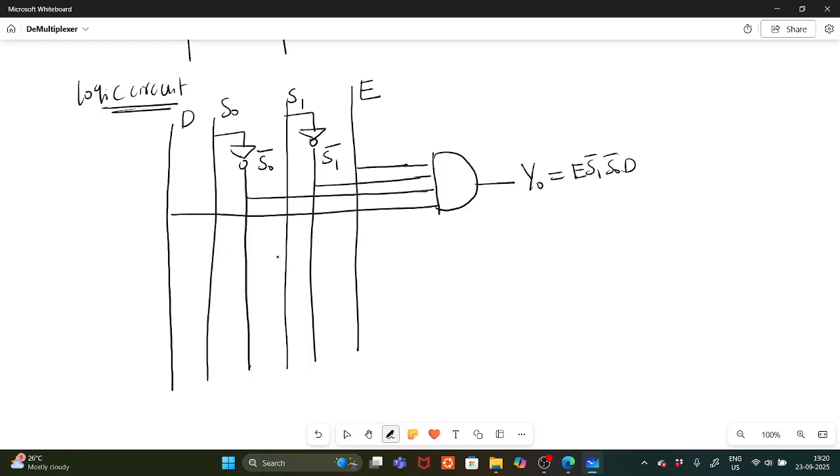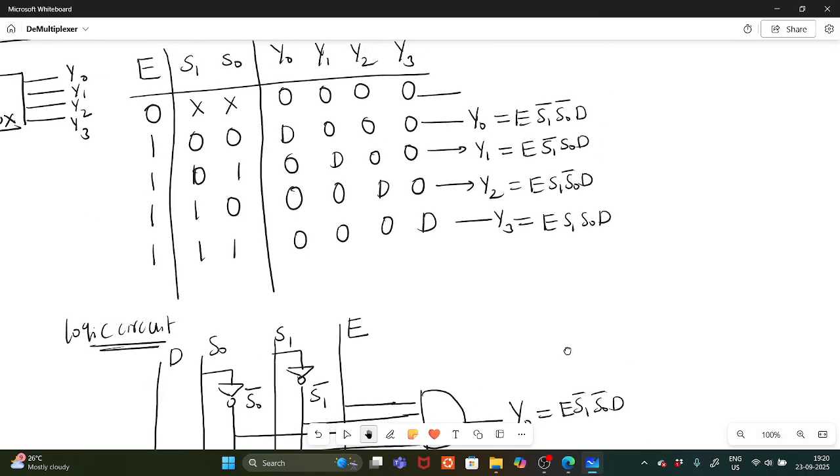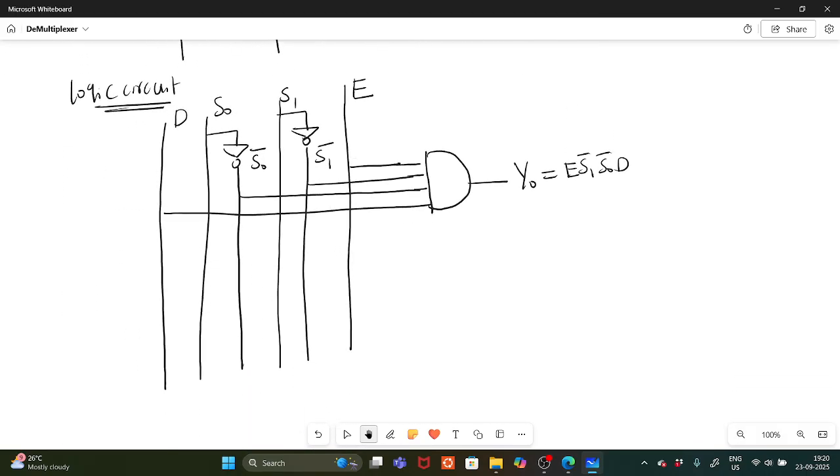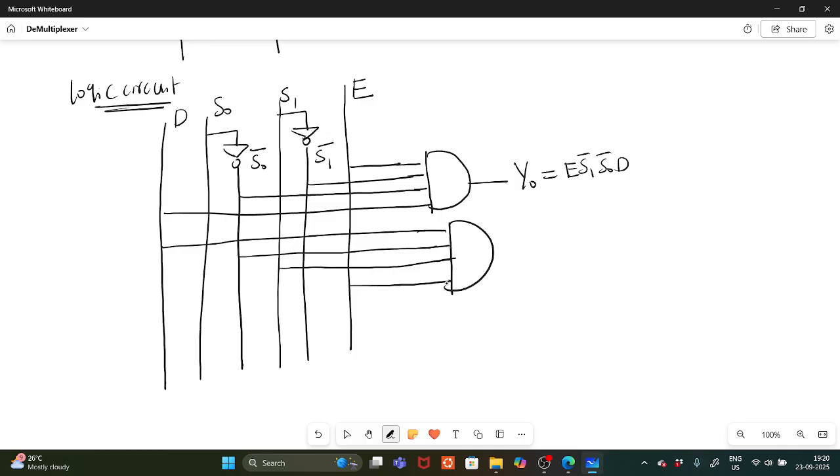And next Y1. What is Y1? Enable S1 bar S0 D. D is one input. 0 1 means S1 bar, S0, and enable, so this is connected with an AND gate.